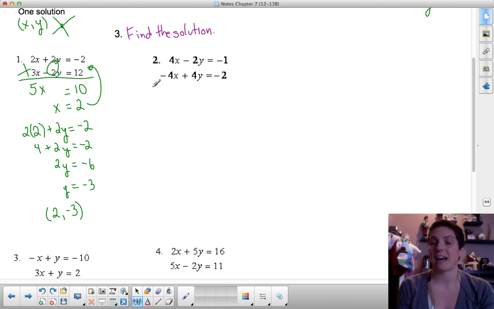Hopefully you're back and you're ready to take a look at this. We're just looking to see what do you get. Hopefully this time you saw that 4x and negative 4x add to 0. They are additive inverses. So we add them together. They make 0, adding the whole equation.